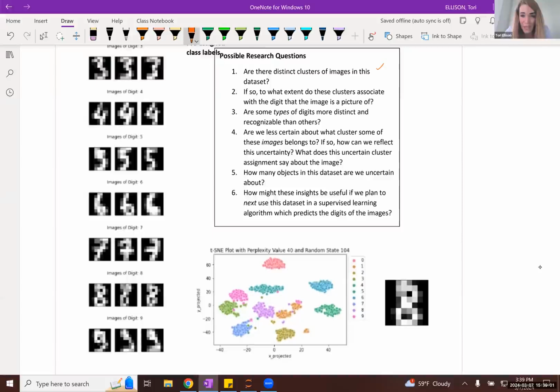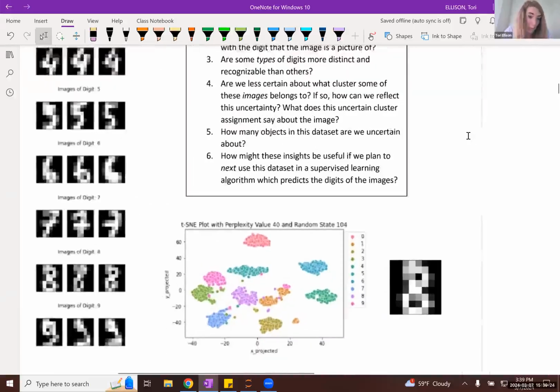And in addition, if we ever have a set of pre-assigned class labels, a typical follow-up question might be, to what extent do these clusters that we see suggested in our t-SNE plot associate with the digit that the image is a picture of?